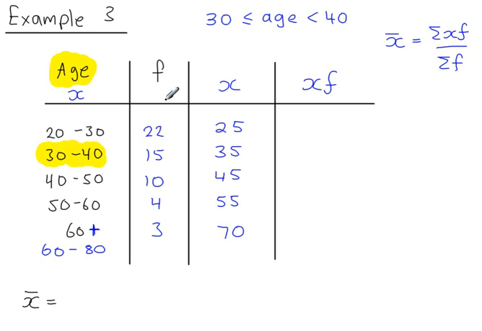So now we have our frequencies, we have our midpoints, and we can do x times f. We're just going to multiply these in pairs as before, and then we're going to work out the sum of the frequencies from this column here to work out the total number of data values, and we're going to work out the sum of all of the xf values from here.